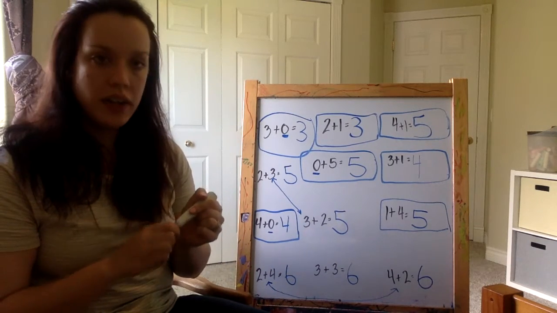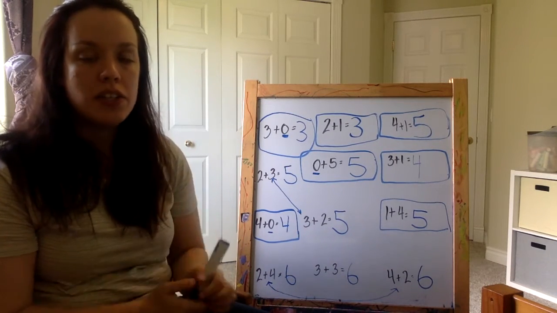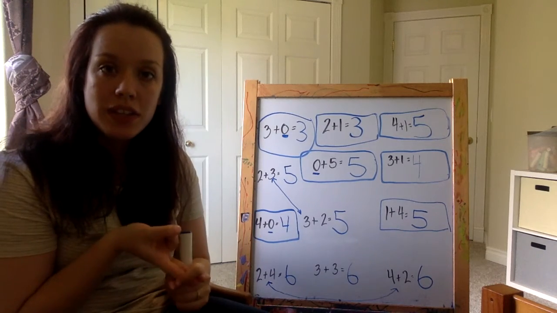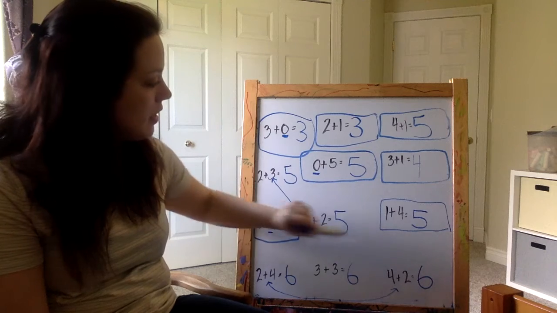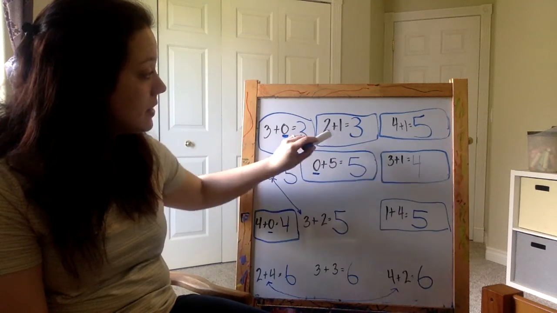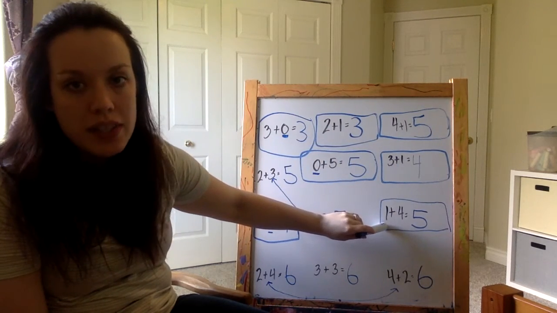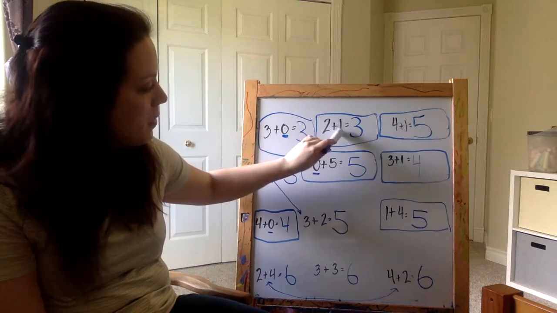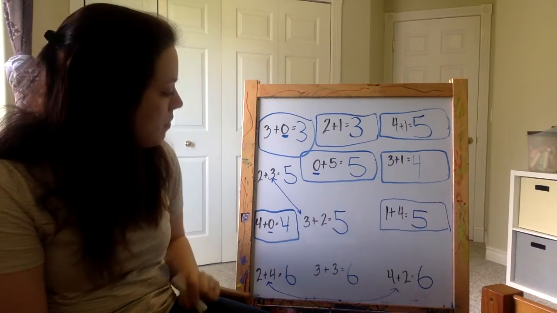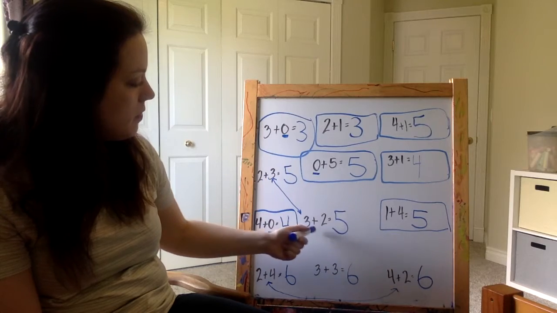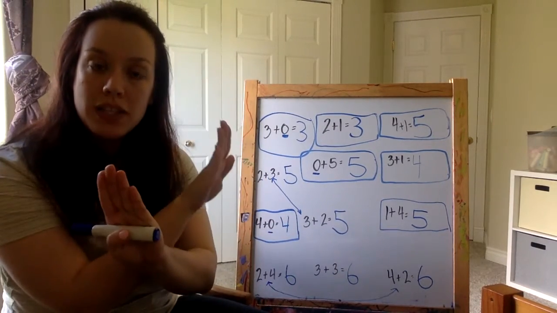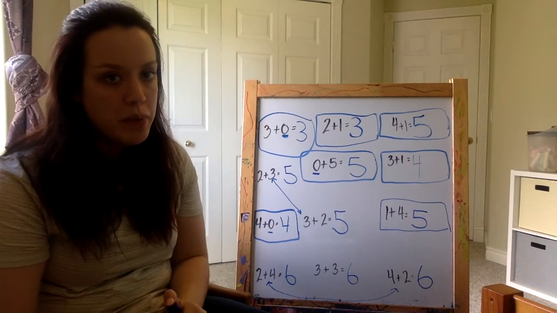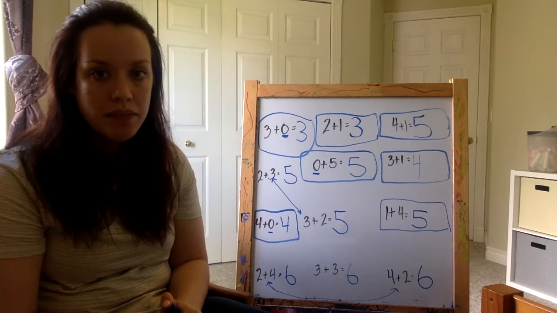So today when you're doing your addition fluency, to practice going fast and answering things correctly, find all of the zeros first, then look for the ones. And remember, look for the ones at the beginning of the addition problem, not just in the middle. Finally, you can start looking for numbers that look like the same problem but switched, because we proved today that those have the same answer.